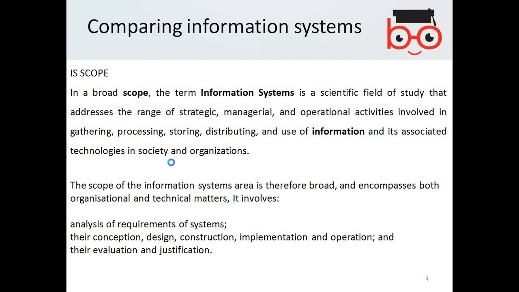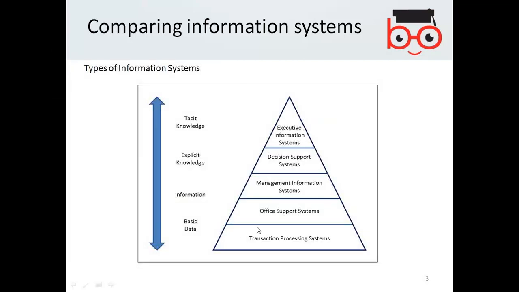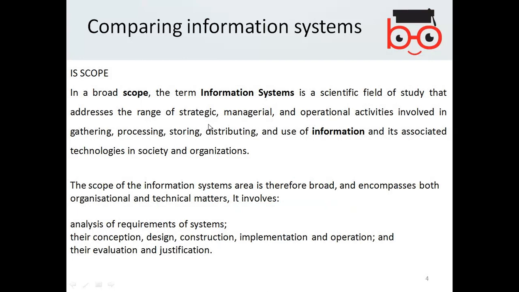So overall, it really depends on which type of organization it is used in and how the scope of the information system should be limited, so that relevant information is used and the target is achieved.